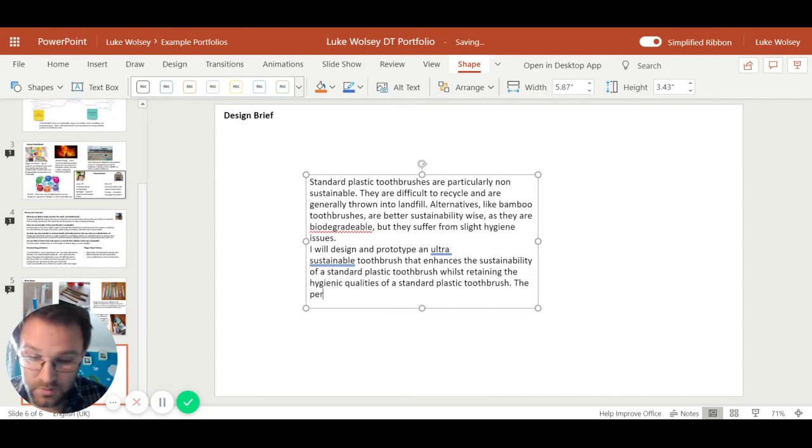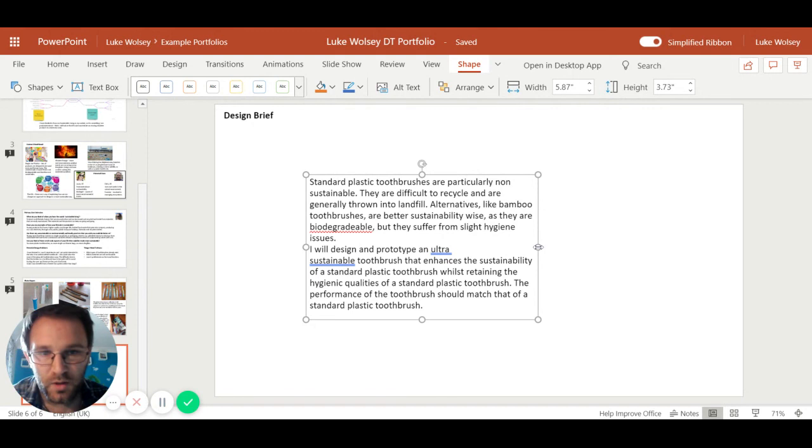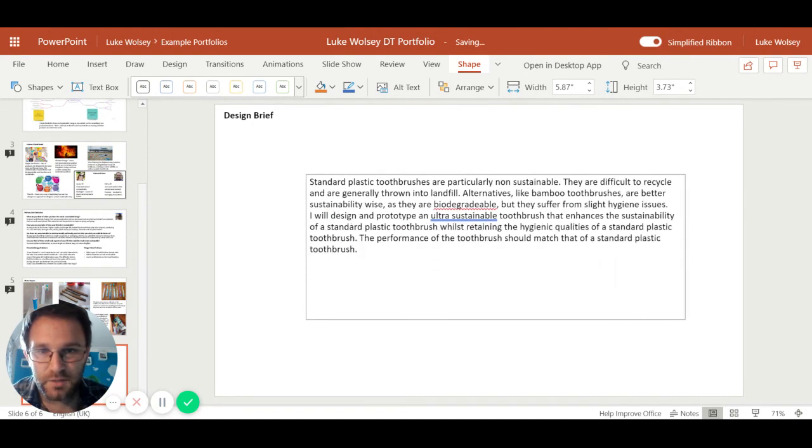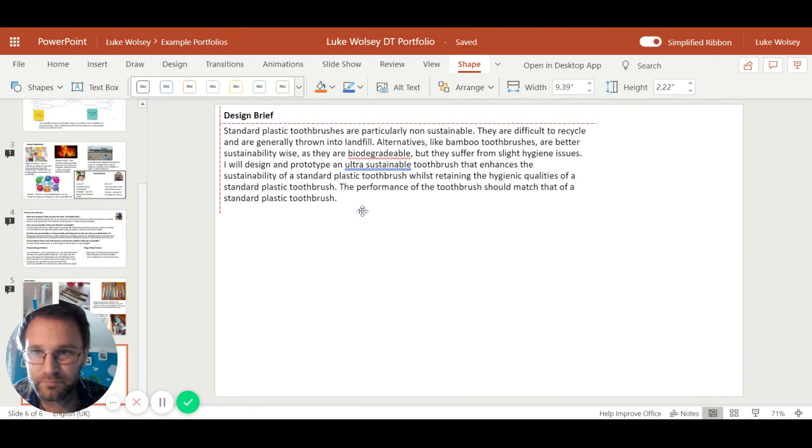The performance of the toothbrush, so now I'm talking about the function, should match that of a standard plastic toothbrush. Okay, so there is my design brief under there.